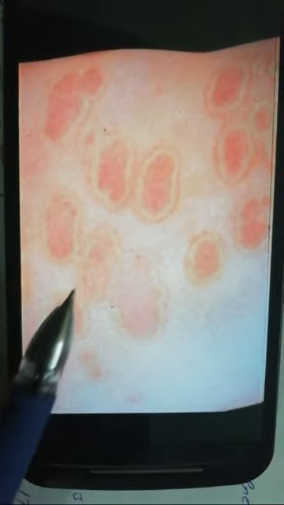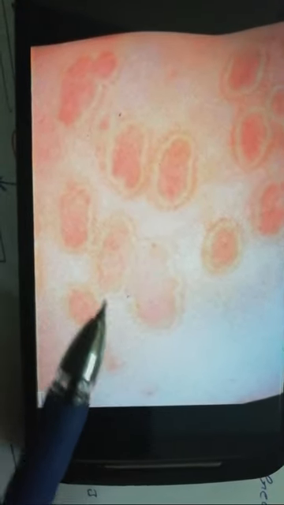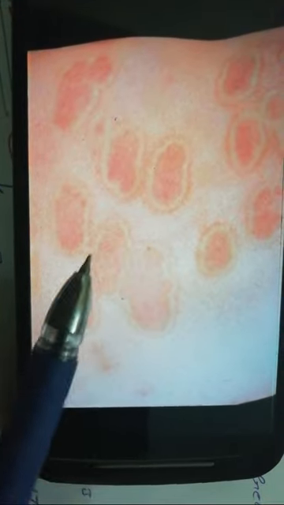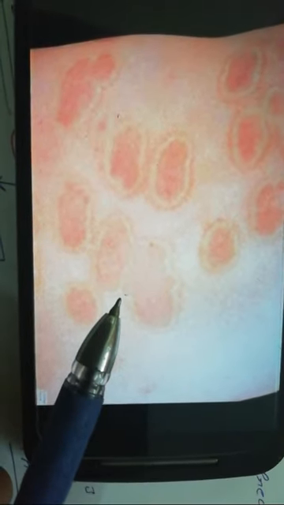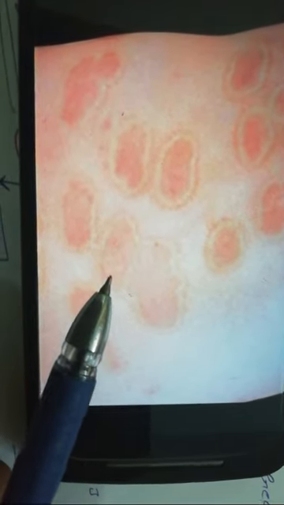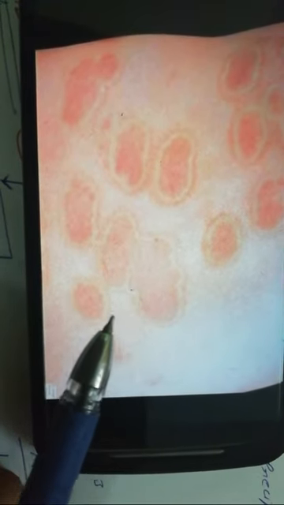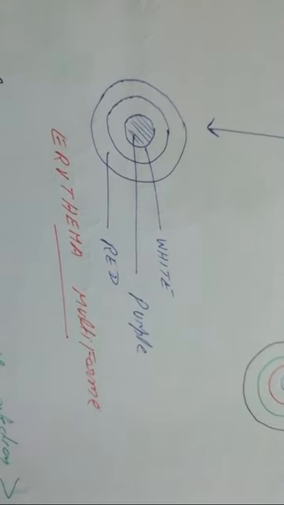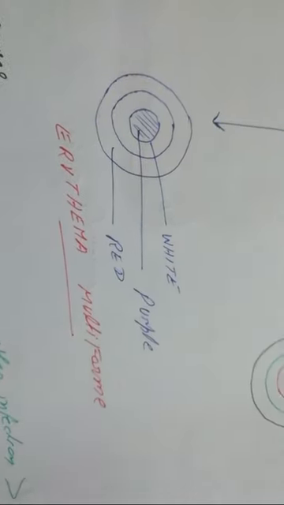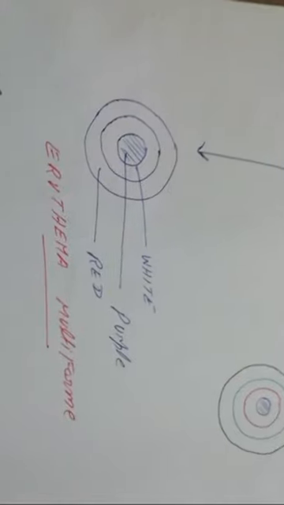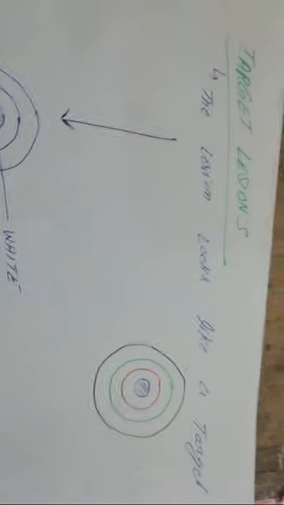If you observe carefully, in the center you have a purple one, then white, then red. Let us see how these target lesions look.